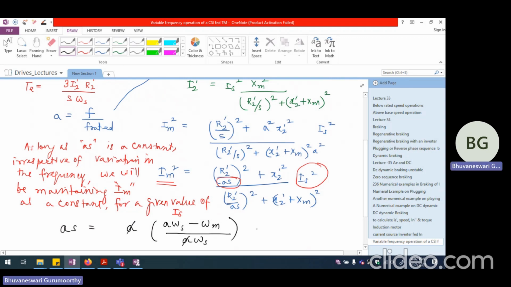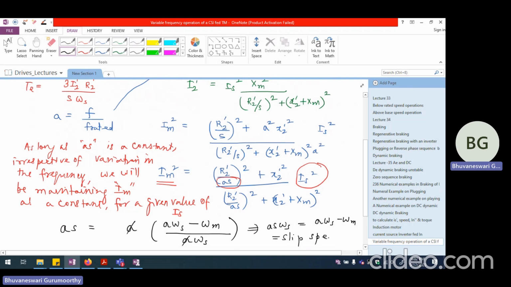So from here, I should be able to write A S omega S is equal to A times (omega S minus omega M). And A times omega S is synchronous speed, omega M is the rotor speed.